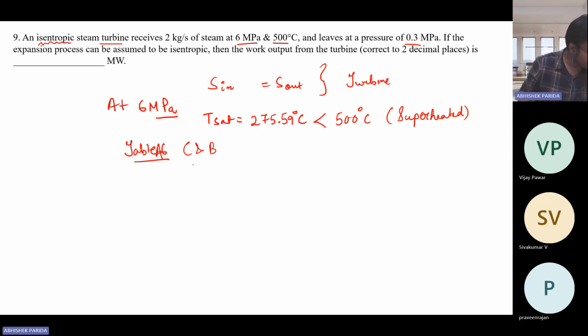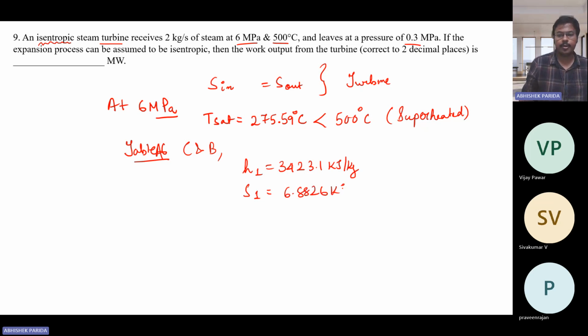I have to find out what H1 is and what S1 is. So H1 is 3423.1. I hope you are getting this value, 3423.1 kilojoule per kg. And S1 is 6.8826.